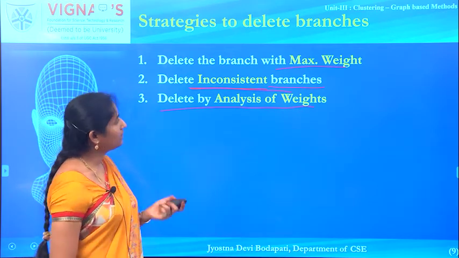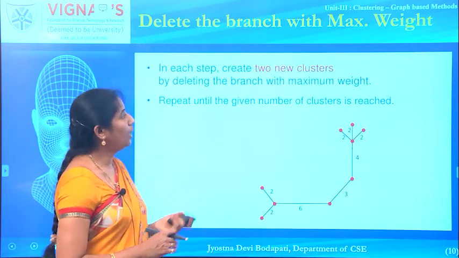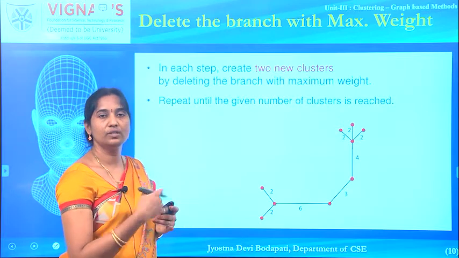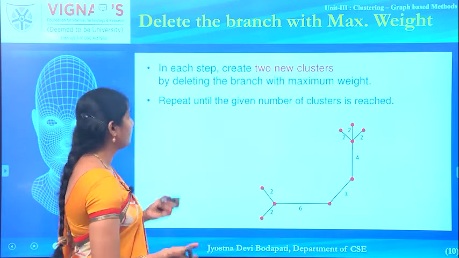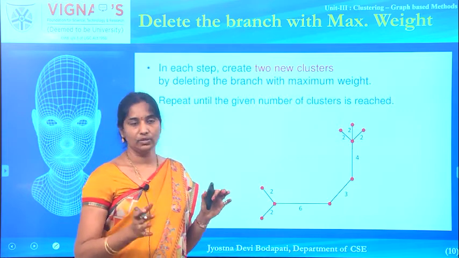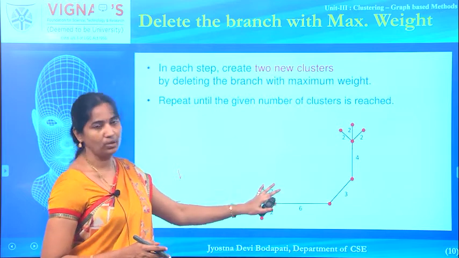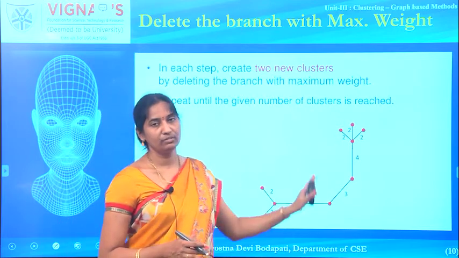So, now let us start with deletion of the branches based on the maximum weight. How do we delete the branches based on the maximum weight? Whenever you delete a branch, on the minimal spanning tree only we need to apply this deletion of the branches, right.